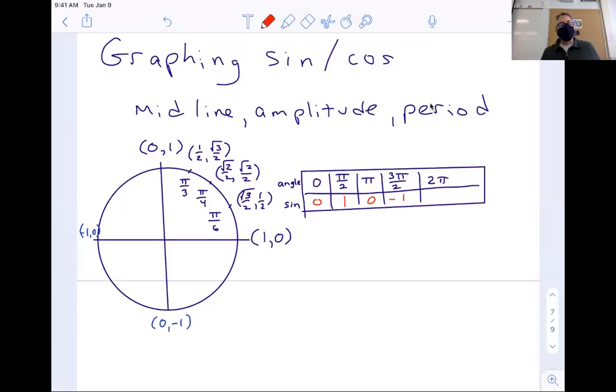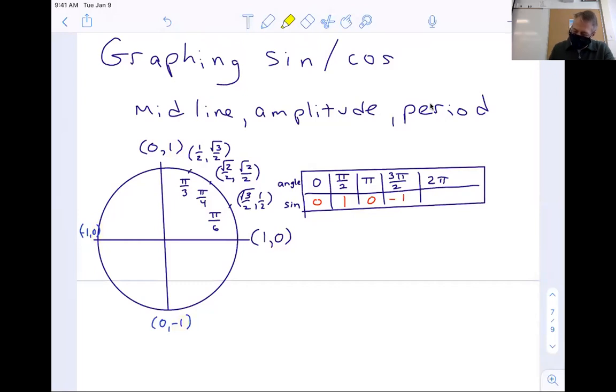All right, do you have any questions for me yet? So I did the sine of 0 was 0. The sine of pi over 2 is 1. The sine of pi is 0. And then the sine of 3 pi over 2 is negative 1.